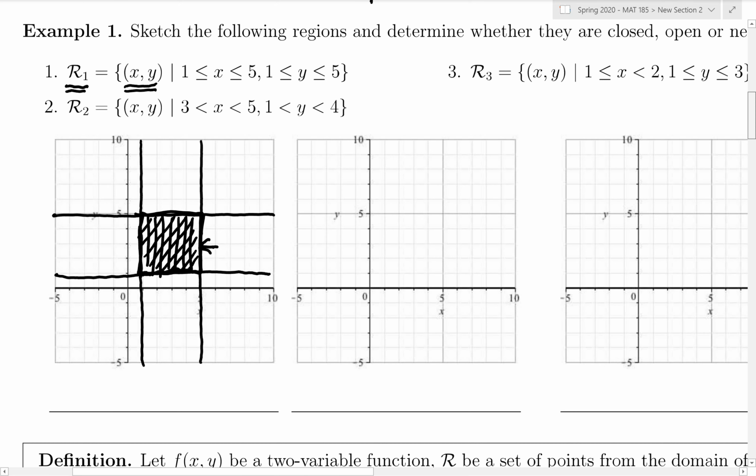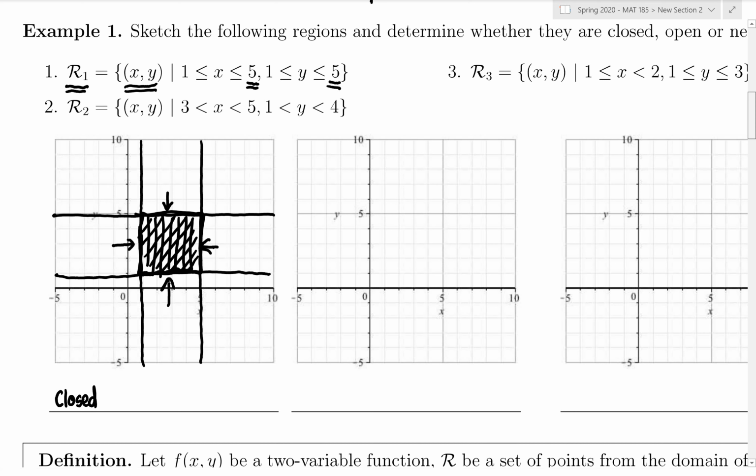Well, yes, they are, because we are interested in values of x less than or equal to 5, which means that boundary is included. What about this one? We are interested in values of y less than or equal to 5, which means that's included. Same with these two sides. So all of the boundary points of this region are included in R1, and therefore this region is closed. So far so good.